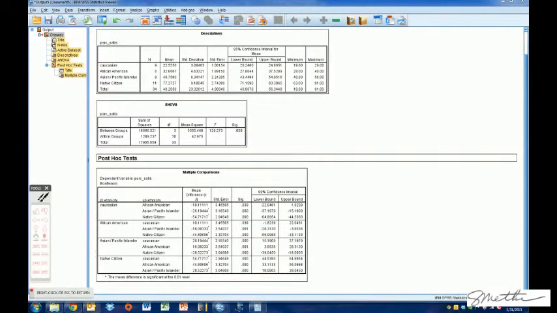So let's just scroll down a little bit, and I'll show you what I'm paying attention to. I'm paying attention to this significance level. What you're noticing is that there's significance right across the board.